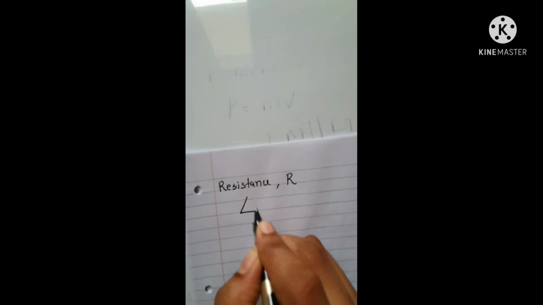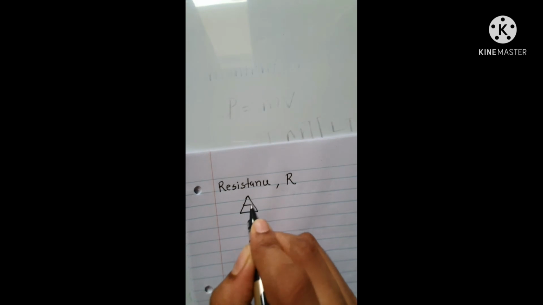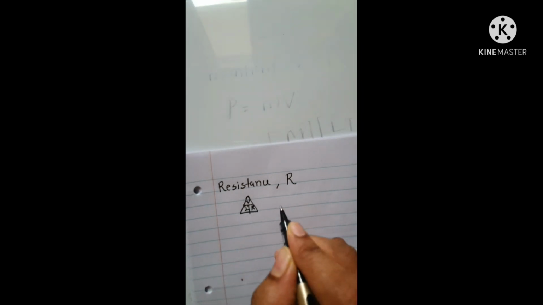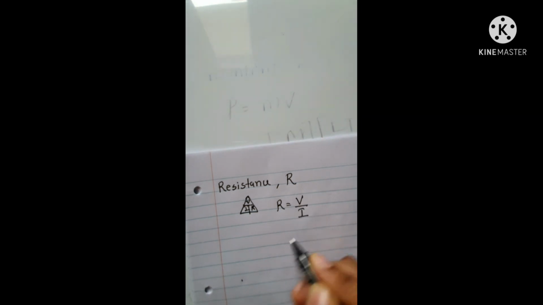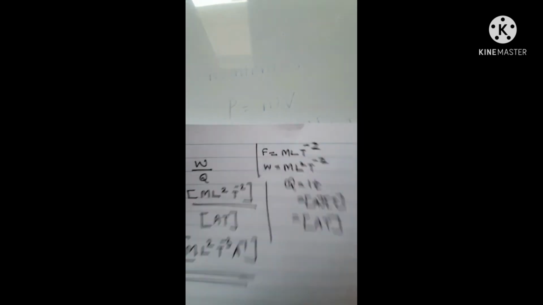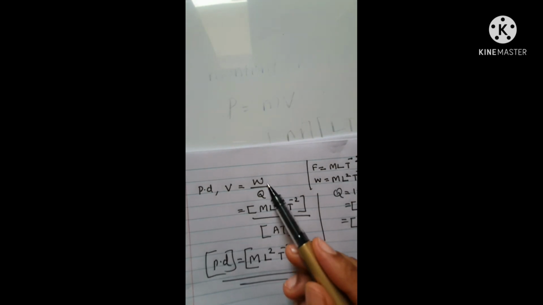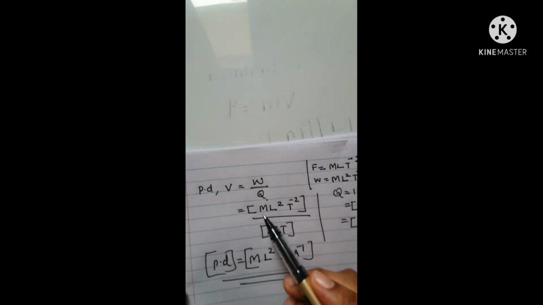Next is resistance R. We all remember that Ohm's law triangle, isn't it? V equal to I into R. So R equal to V by I. So we can write R is equal to V by I. Now the dimensional formula for V we already found just now. What is that? V is W divided by Q, work by charge, ML²T⁻² divided by IT, so AT.